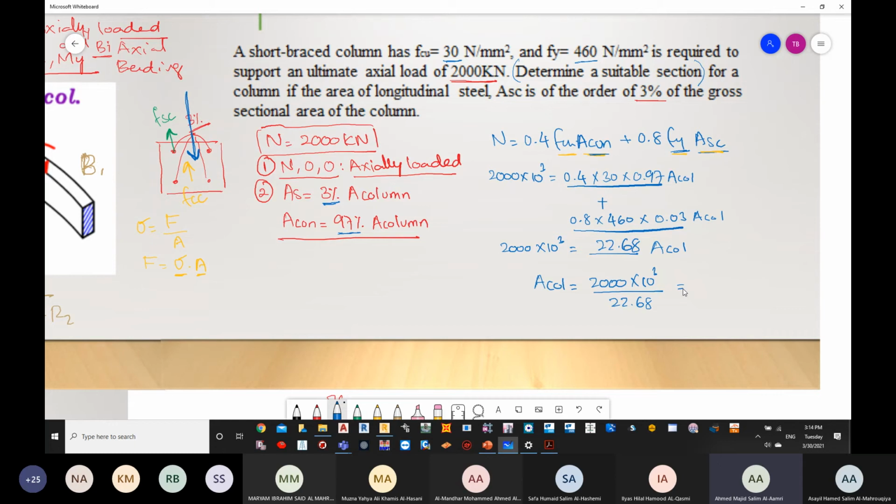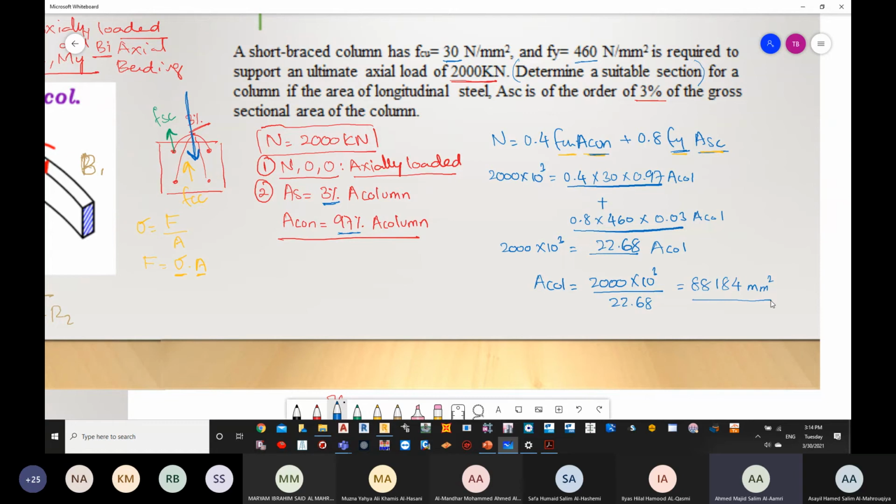How much is this value? Okay, so we can say 88,184. Areas are always without decimals. You will always round up or make it a whole number without decimals. So 88,184.